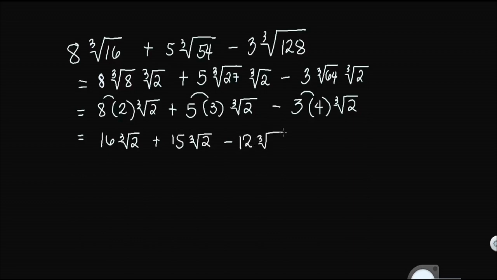cube root of 2. I think we have the same radical and same indices, okay? Cube root of 2, then now we add the number outside the radical, outside the root.